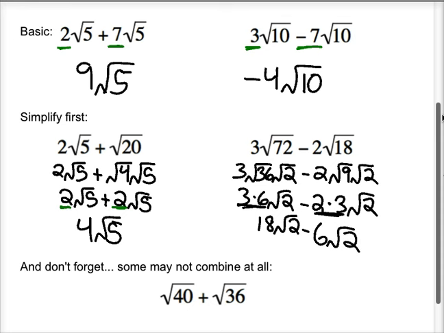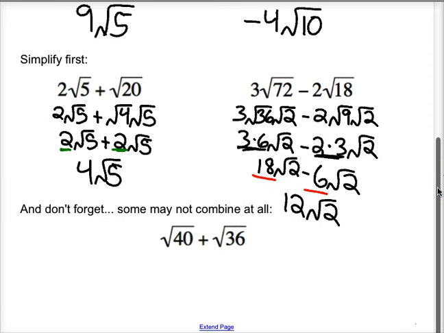So now, finally, after all that work, I'm able to say, well, I have 18 square roots of 2, taking off 6 of those square roots of 2. So that leaves me with 12 of the square roots of 2. So sometimes it can get a little bit longer when you have to simplify first, but the end result is still the same, just a little bit longer of a process.